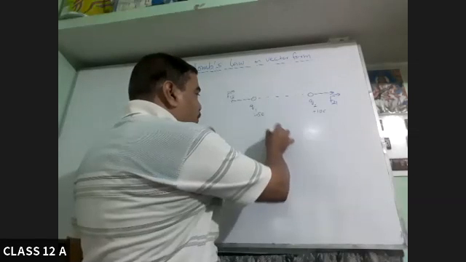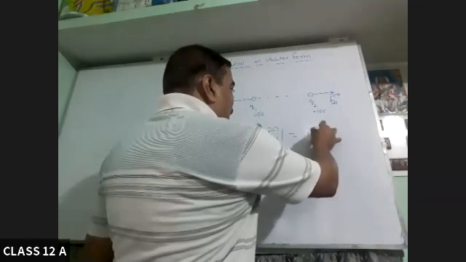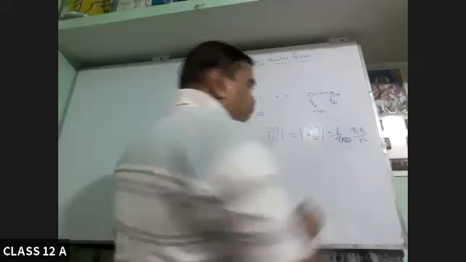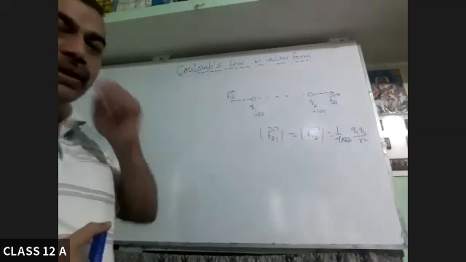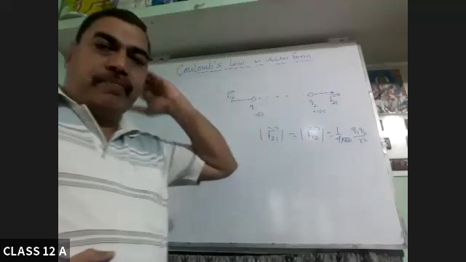Magnitude of this F21 and F12 are equal, and how much? 1 by 4 pi epsilon naught, Q1 Q2 by R square. So whatever the values of Q1 and Q2 may be, the magnitude of these two forces will be the same.